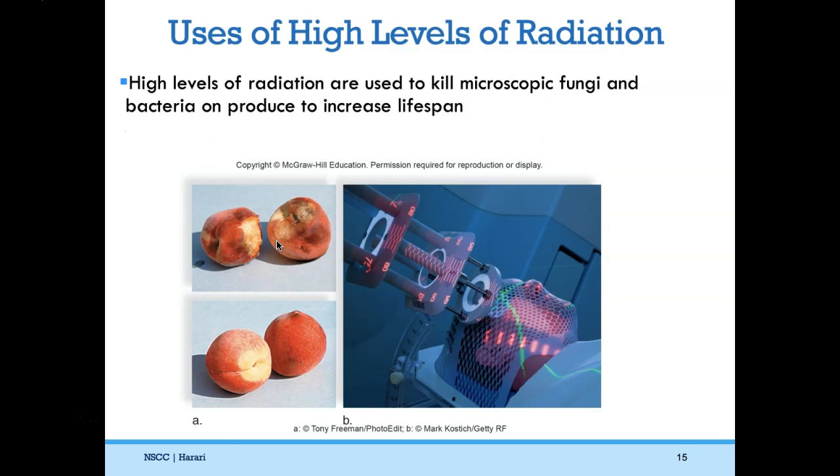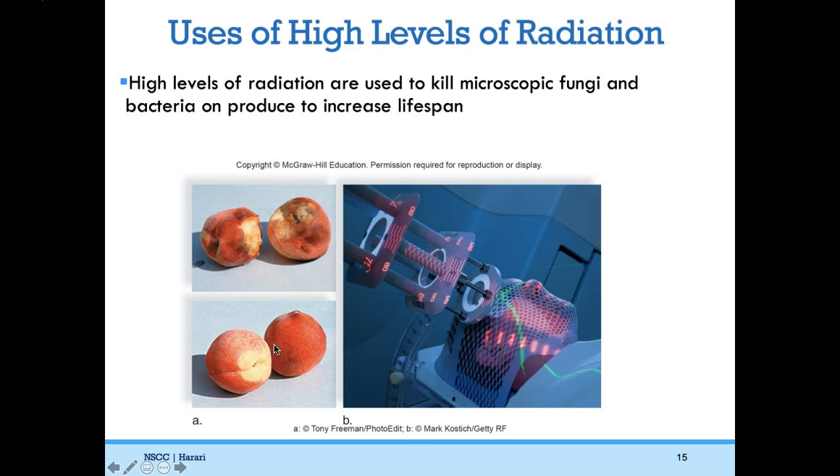You can use high levels of radiation on produce. These peaches were picked from a tree, and a few days later, they just started to rot because they naturally have fungi and bacteria on them that are going to start eating away and causing that decay. Most of the food that you eat from the supermarket has been irradiated using high levels of radiation after it's been picked, so it lasts longer in the supermarket and in your fruit bowl.